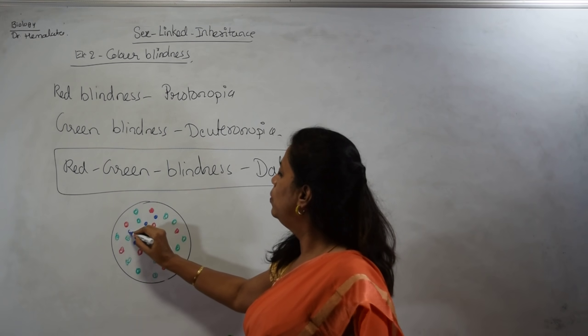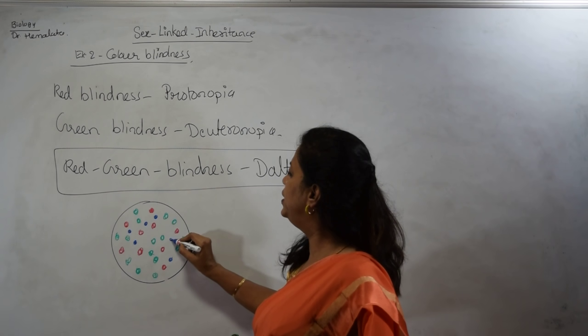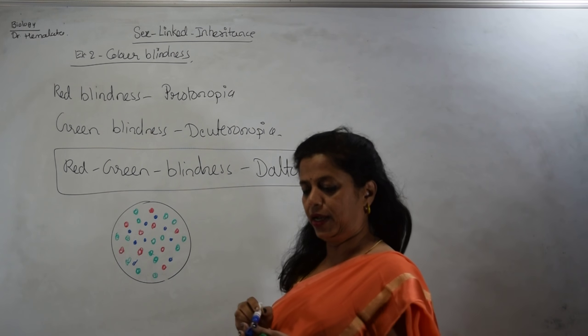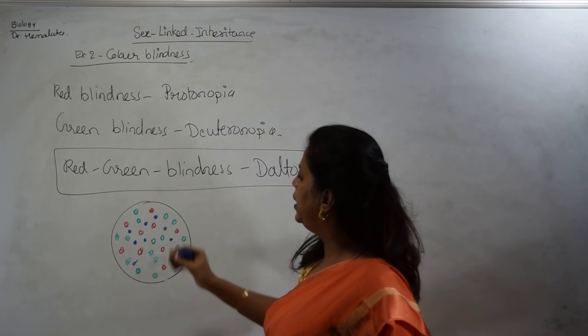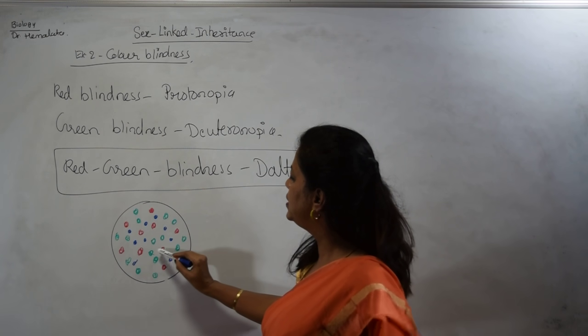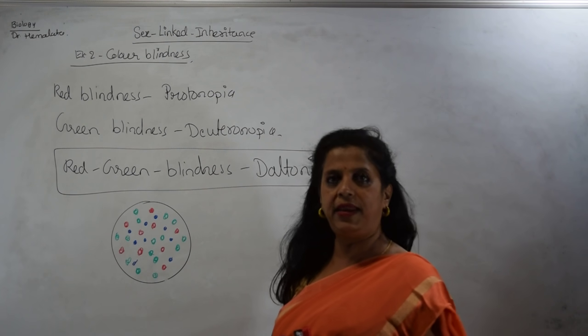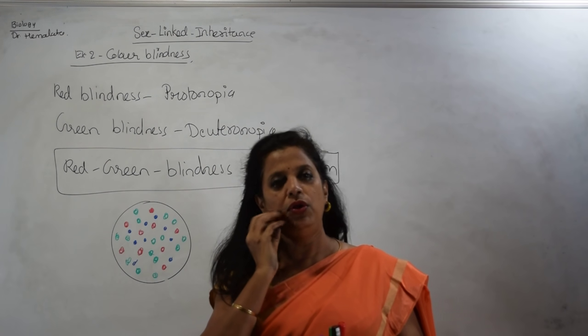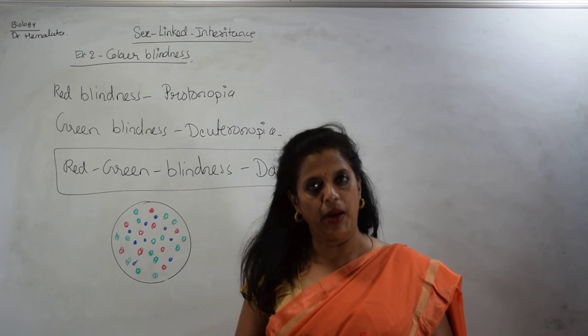If you are mixing this also with the green, then something is wrong with your identifying colors, right? You have to count how many red. 1, 2, 3, 4, 5, 6, 7, 8, 9. 9 red are there. Remaining green you have to count and write it. That shows you don't have red-green color blindness.